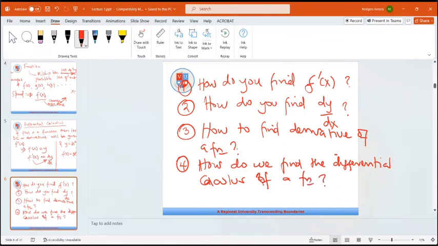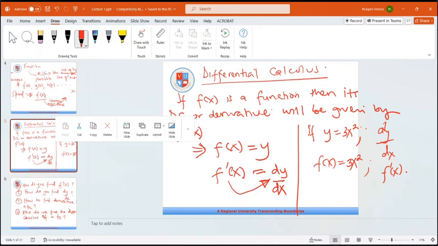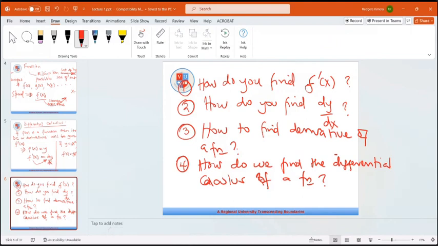We have four questions before us that are built from the previous slide, which discusses what differential calculus is. If f(x), its derivative is f prime of x or dy/dx. When you closely look at these four questions, they are actually requiring the same solution. How do you find f prime of x? It is the same as dy/dx.